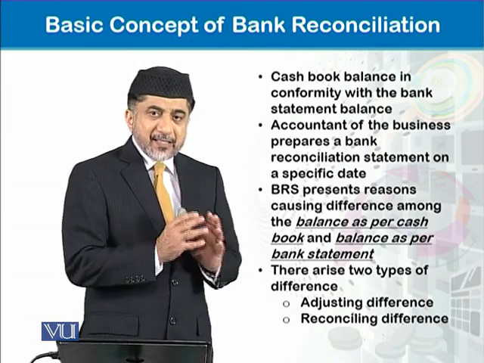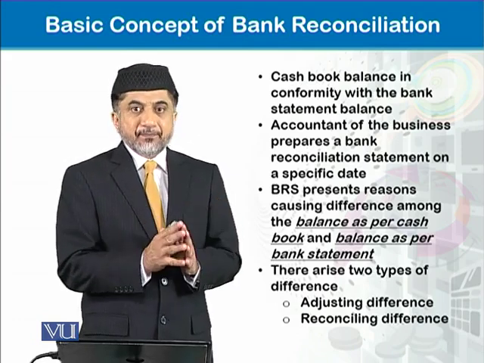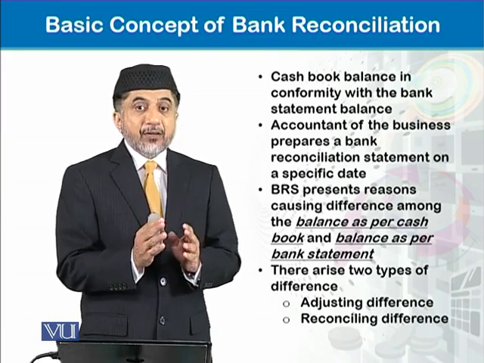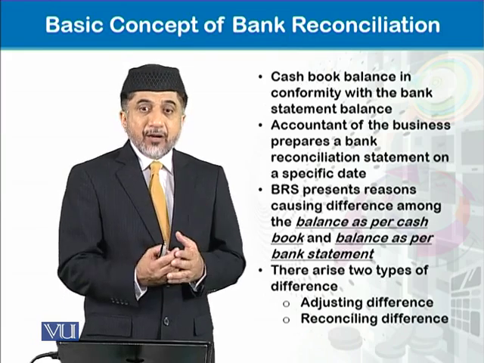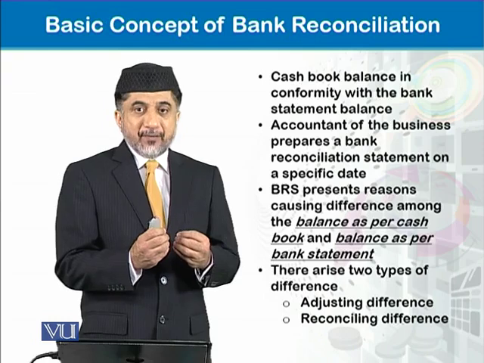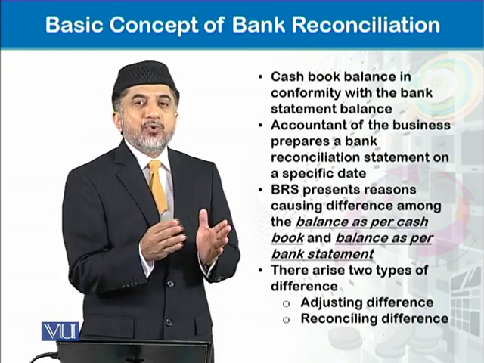So when we say adjusting difference, it means there are some mistakes in the cash book, means in the records maintained by the accountant of the business. So that accountant of the business will make certain adjustments to remove those differences.